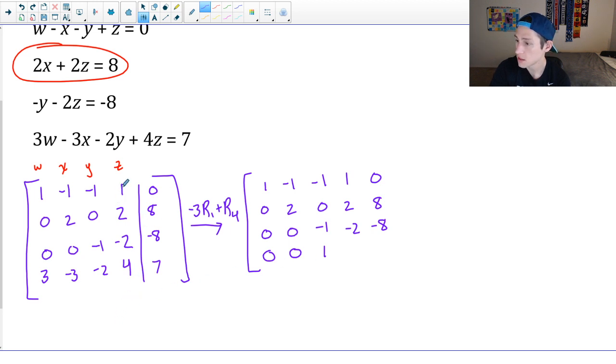Negative 3 times 1 is negative 3. Negative 3 plus 4 is 1. Negative 3 times 0 is 0. 0 plus 7, 7. That sucks. Let's try that again. Tiny bit better. I'll take it.